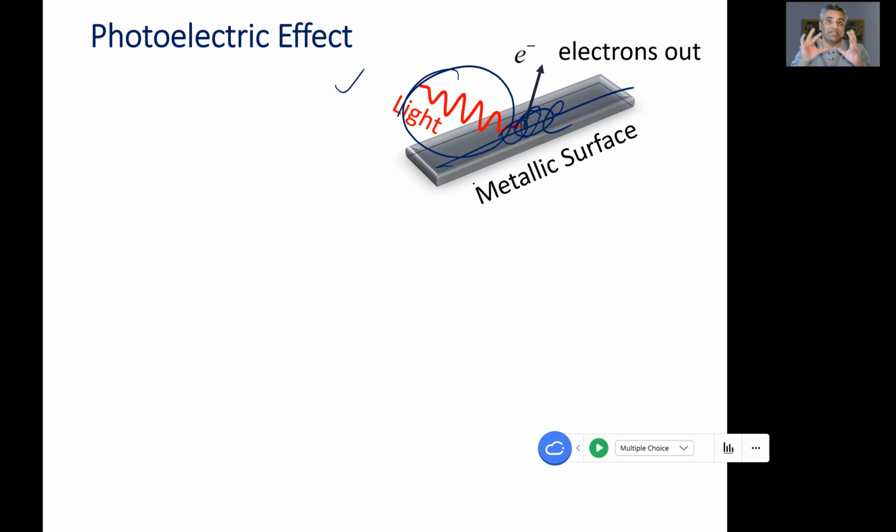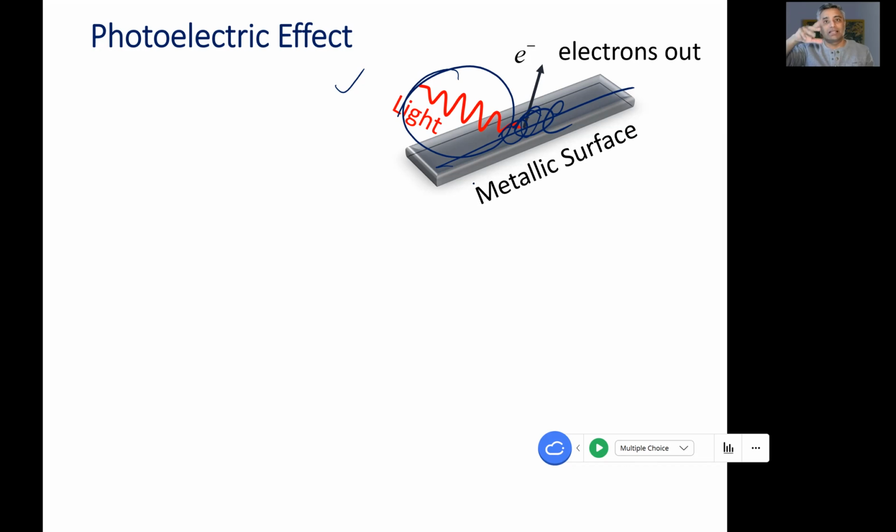Now, based on classical theory, what do we know? Okay, we can keep on supplying energy. So for example, we can keep the stove on until the water boils, and then the water molecules start becoming what? Vapor, and leave the water surface, right?